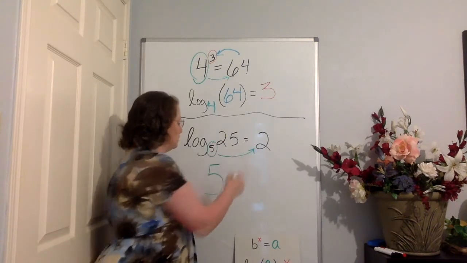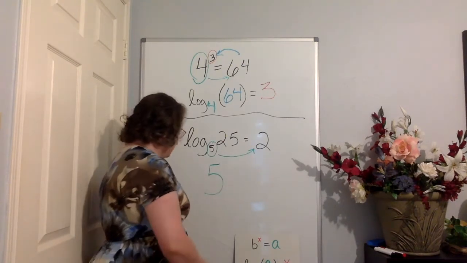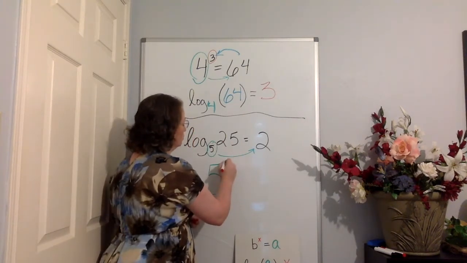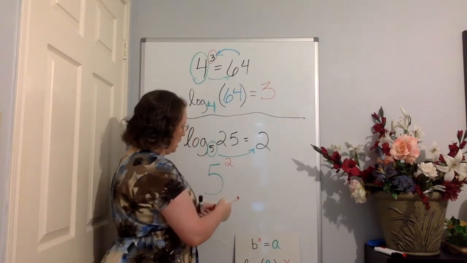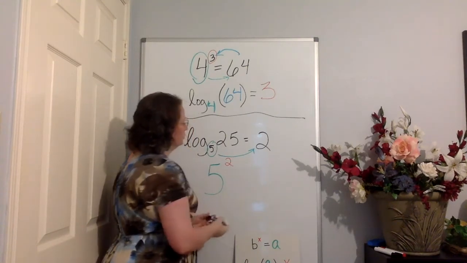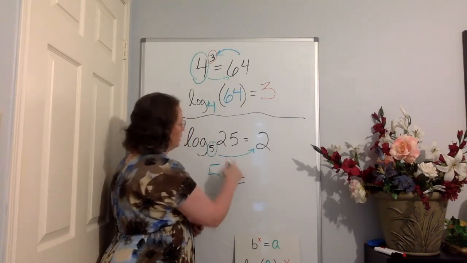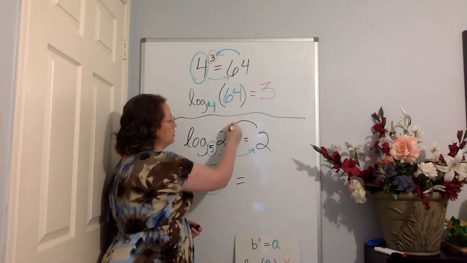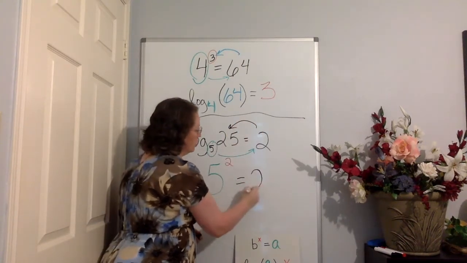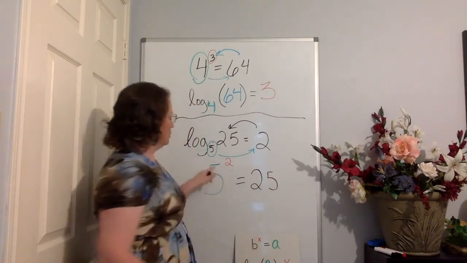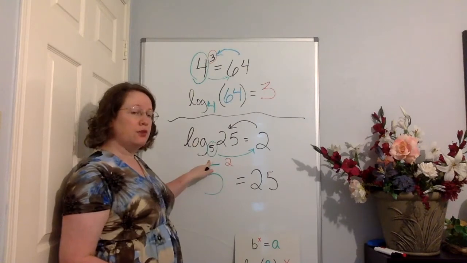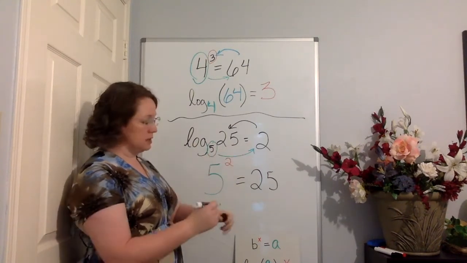We go across the equal sign to find our exponent, which in this case is 2. And now that's equal to my argument. The argument could be in parentheses or just by itself, that's okay. The argument here is 25. So 5 squared is 25. That means log base 5 of 25 is equal to 2.